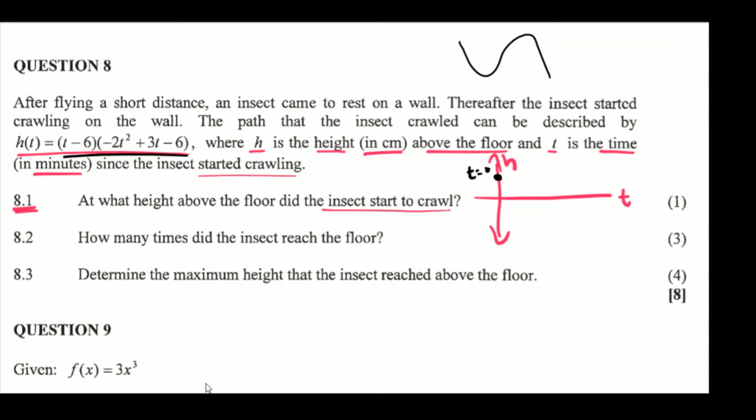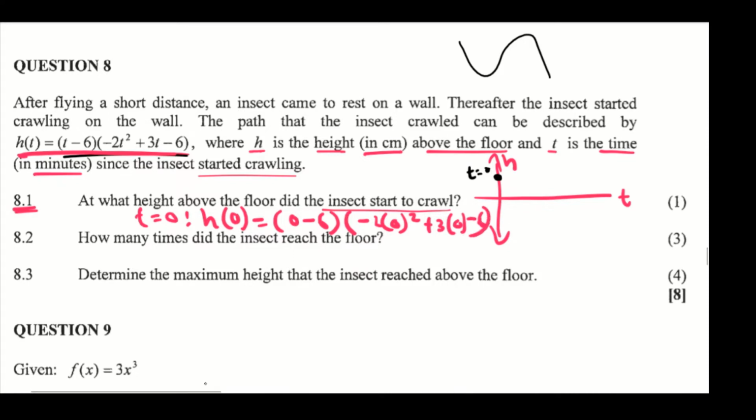To answer this question, it started crawling at t equals 0, so you're going to substitute h of 0 into the equation you're given. Just put 0 where there's t, so it's 0 minus 6 and minus 2 into 0 squared plus 3 into 0 minus 6.